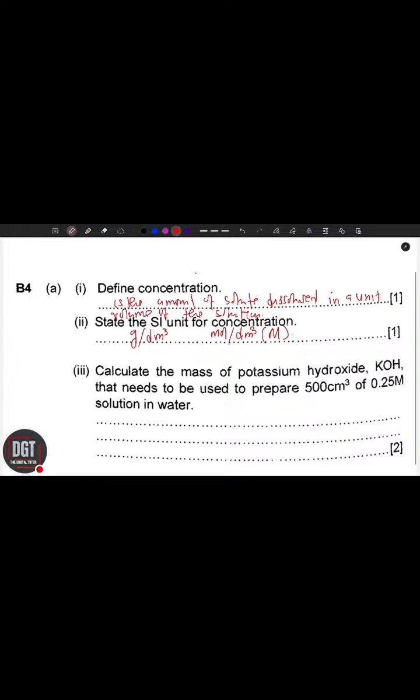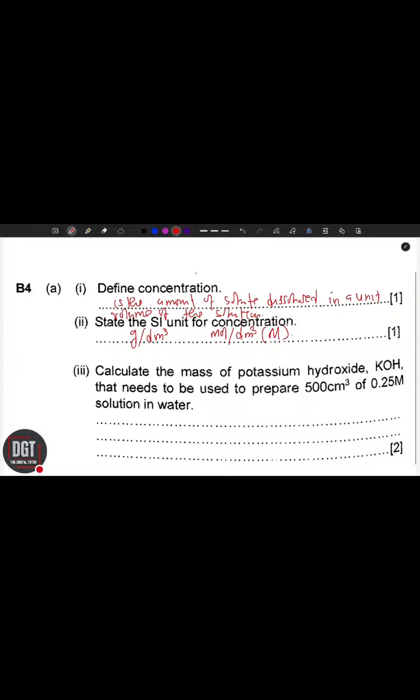Then, for the third question of A, calculate the mass of potassium hydroxide, KOH, that needs to be used to prepare 500 centimeter cubic of 0.2 molarity solution in water. How do we handle such a question?